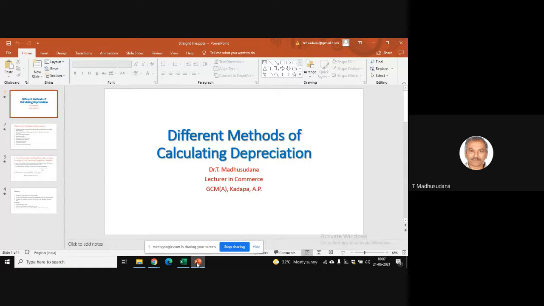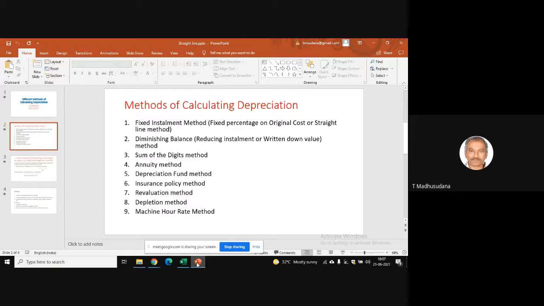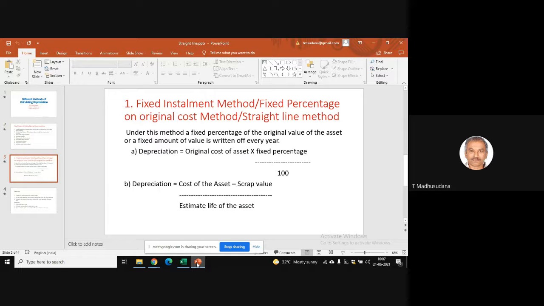In the last class, we have studied different methods of calculating the depreciation. Among those methods, the first method is straight line method or fixed installment method.